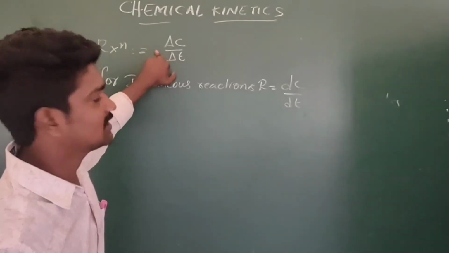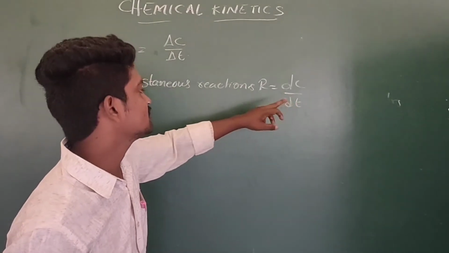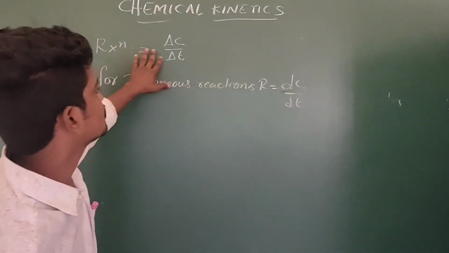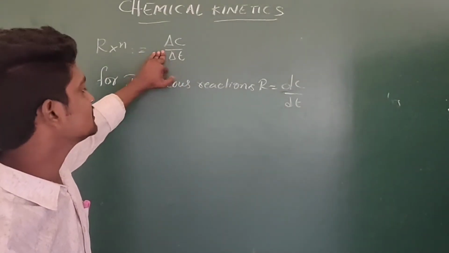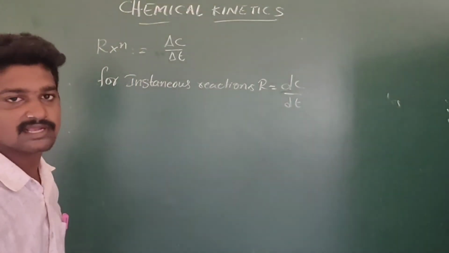So this is known as the derivative. This is for large intervals, and this is for instantaneous reactions.